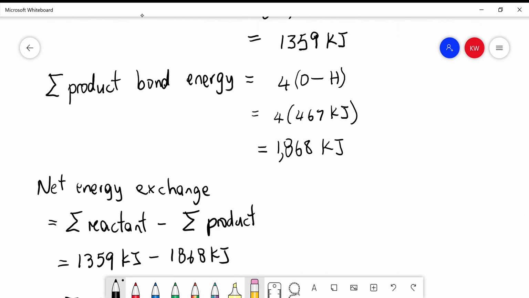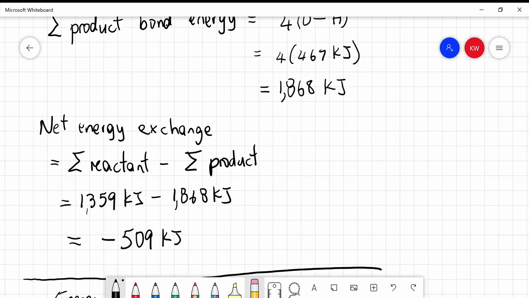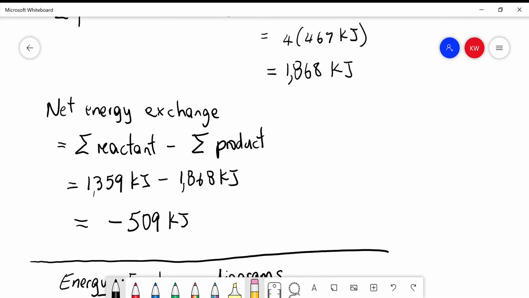So if we go back to our original equation, the net energy exchange is equal to the summation of the reactant energy minus the summation of the product energy. So that's 1,359 kilojoules minus 1,868 kilojoules. Again, we plug these values into our calculator, and we get a total of minus 509 kilojoules.